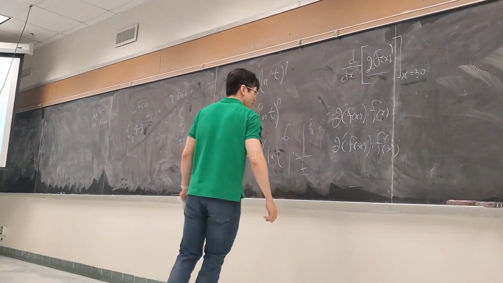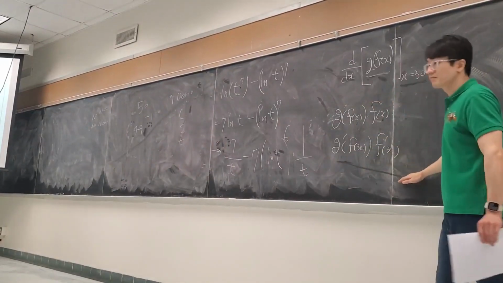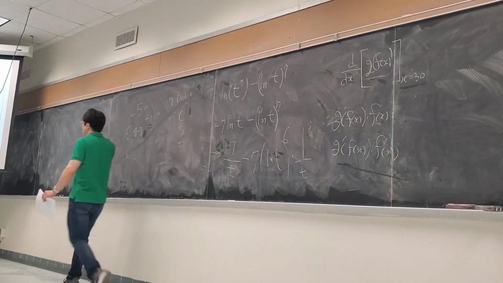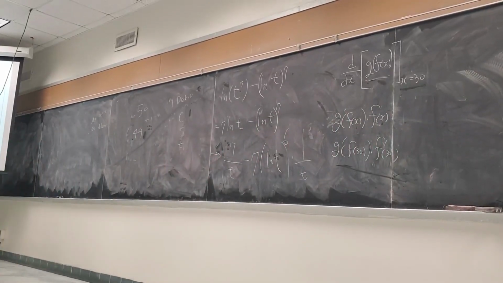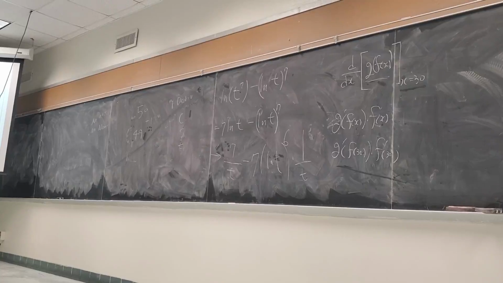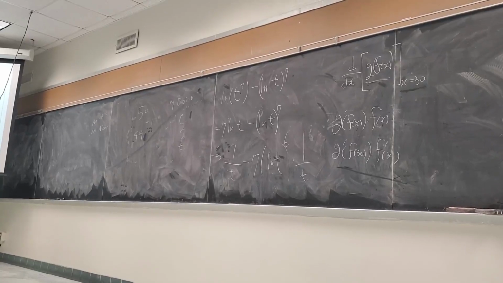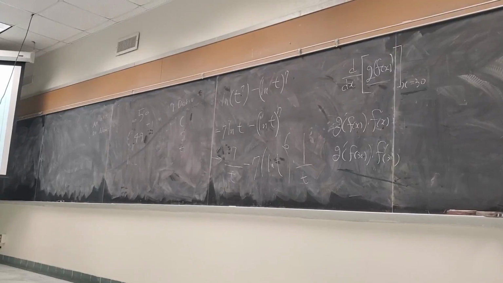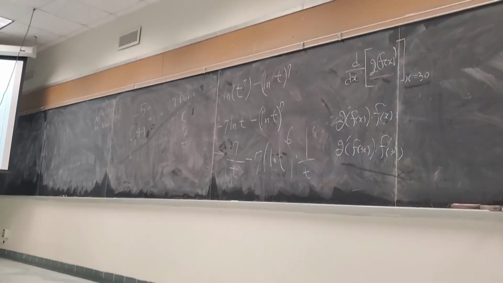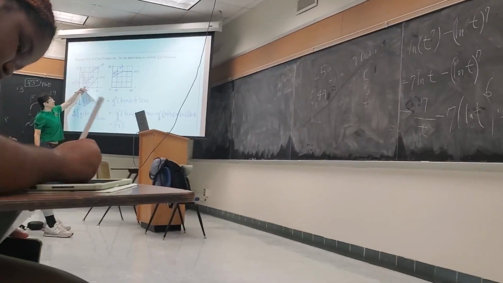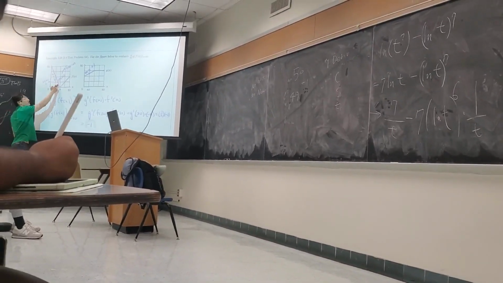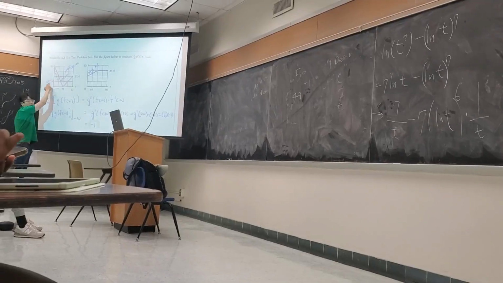Okay? So this is the setup. Then you go to the graph and see what f prime at 30 is, meaning find the slope at 30. Also, the f value at 30, so this one is the y value.